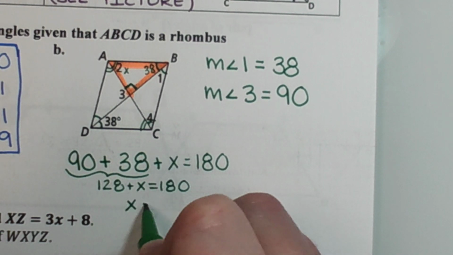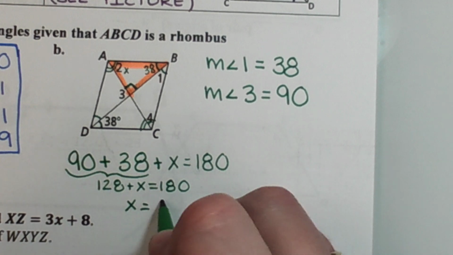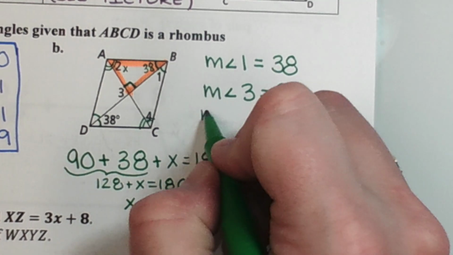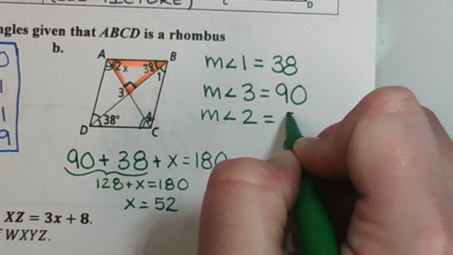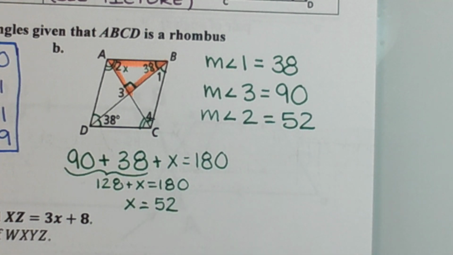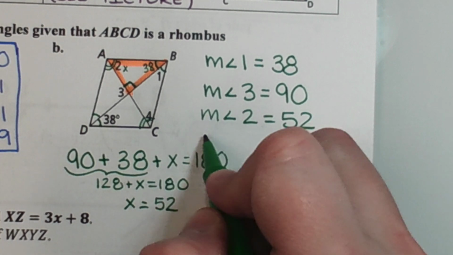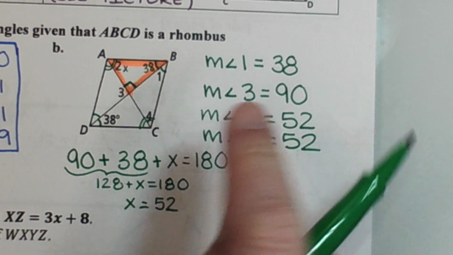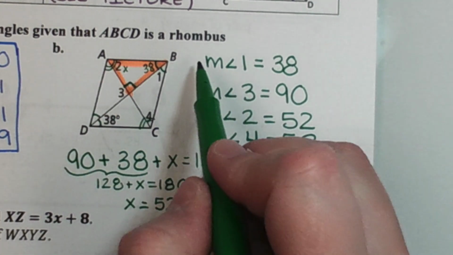Subtract 128, and x is 52. What was I actually solving for? Angle 2. What's the measure of angle 4 then? Yep. It's also 52, because it has to be congruent.